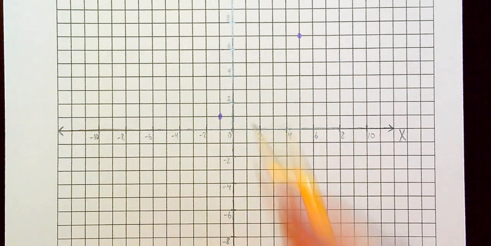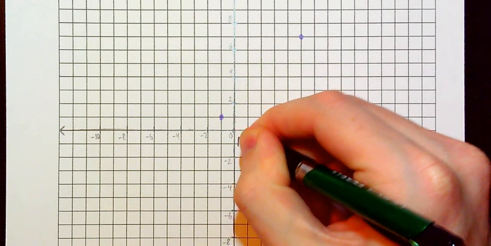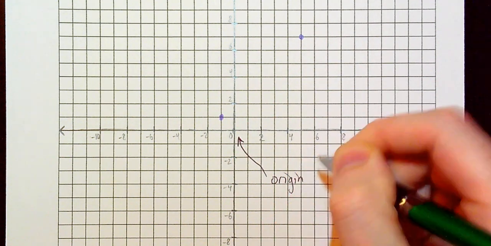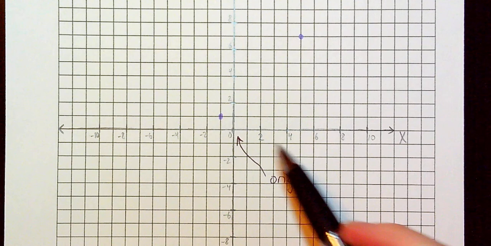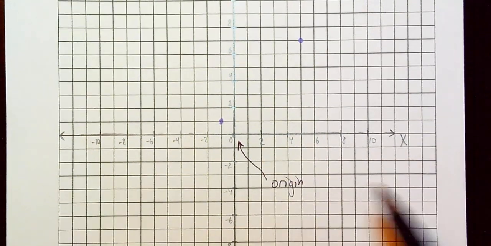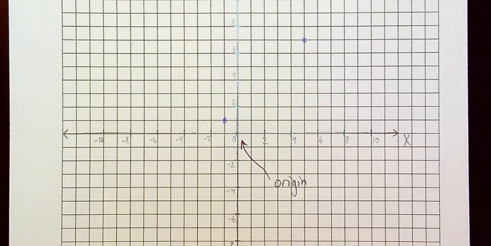This point is called the origin. We specially label that point, and it has its own special name. And then we have some marks dashed out every two blocks, going to the left and right, and going up and down as well.